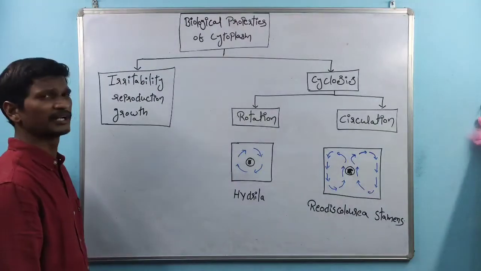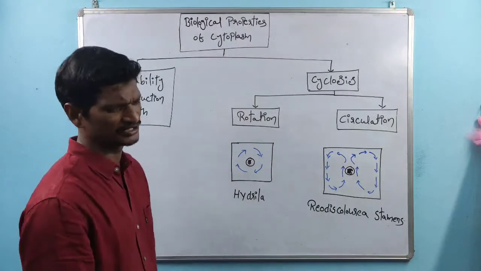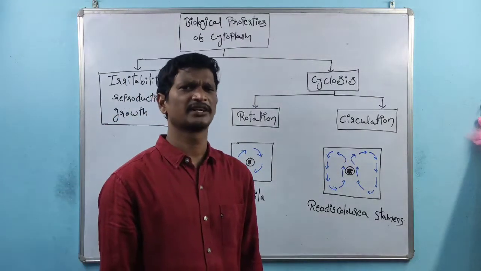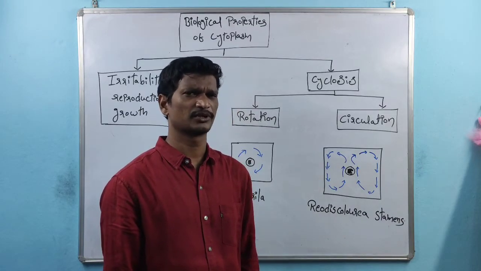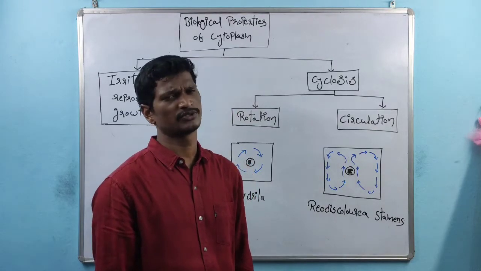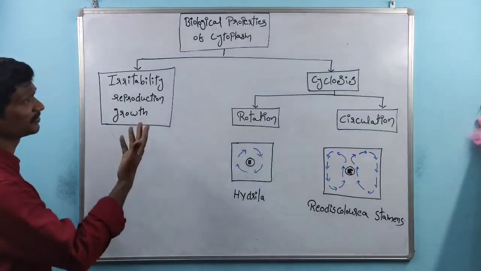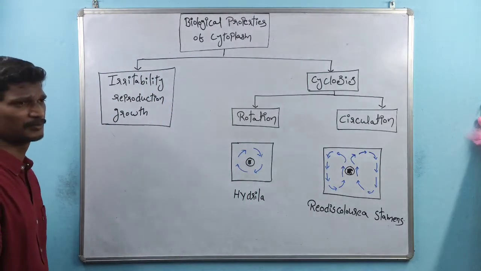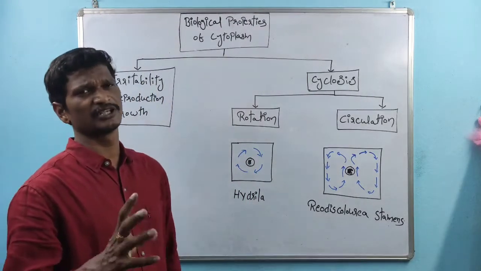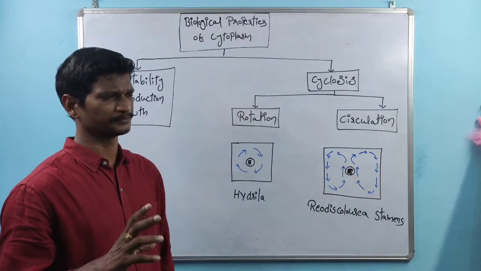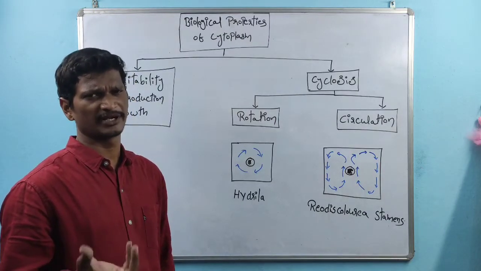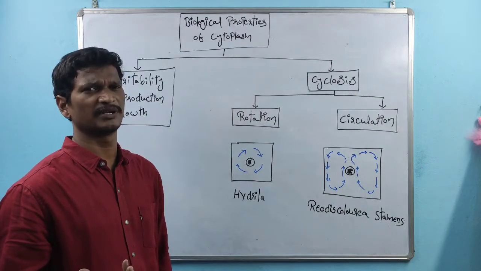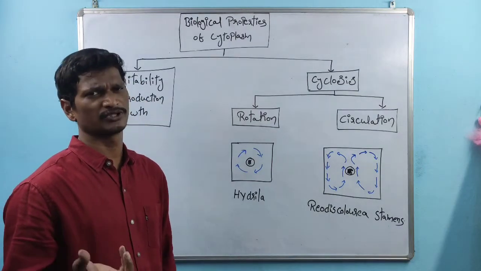Coming to the next one, the reproduction process. Every living organism shows the reproduction process, either asexual or sexual. What is the relationship between the cytoplasm content and reproduction? Reproduction means there is a cell division process. For the formation of male and female gametes, meiosis is required.